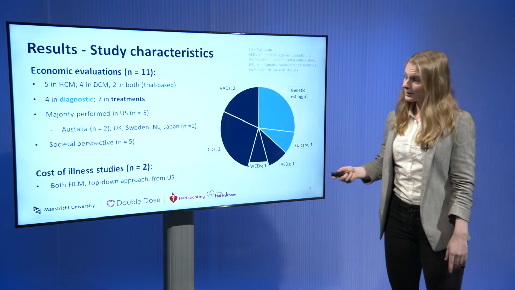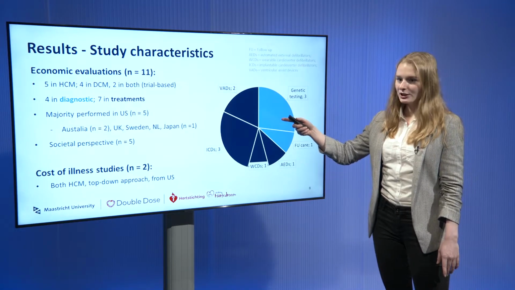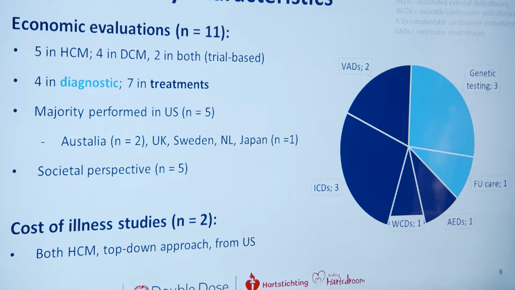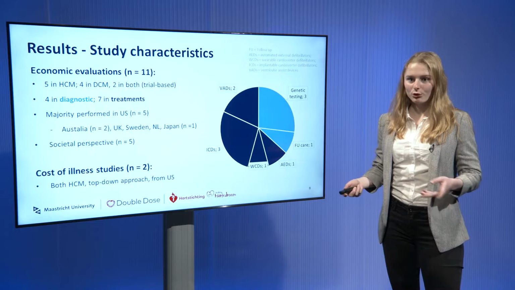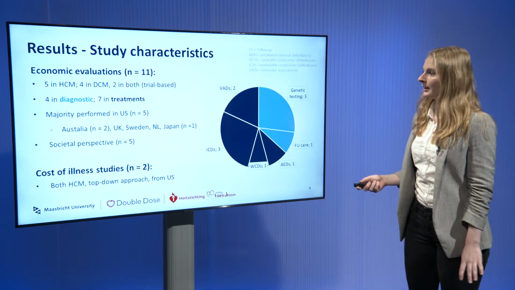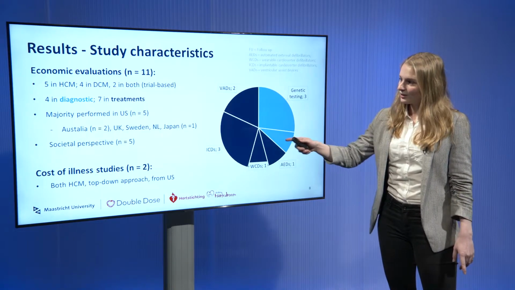So the results of the studies we found were that we have 11 economic evaluations, 5 in HCM and 4 in DCM, and 2 were trial-based economic evaluations, including both types of the disease. Then we saw that we have 4 economic evaluations in different diagnostic measures.